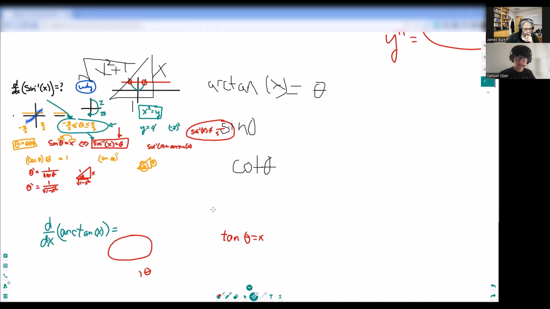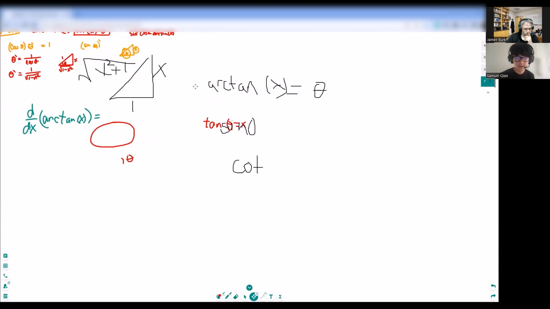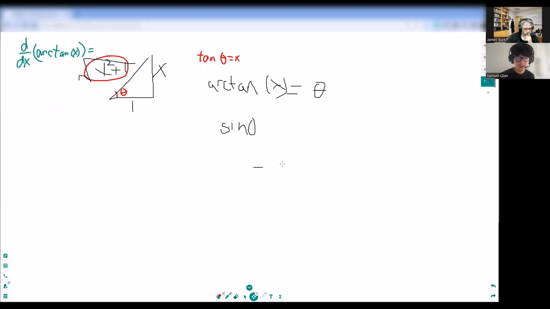Oh wait, yeah, sorry. Wouldn't the derivative of tangent just be cotangent theta times theta prime?